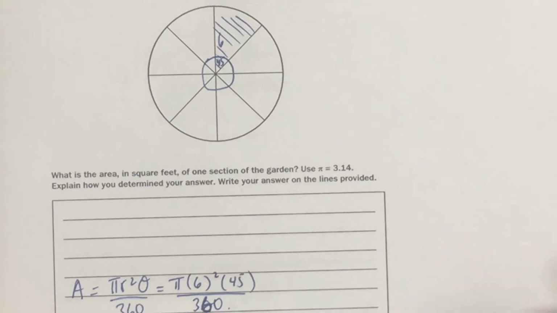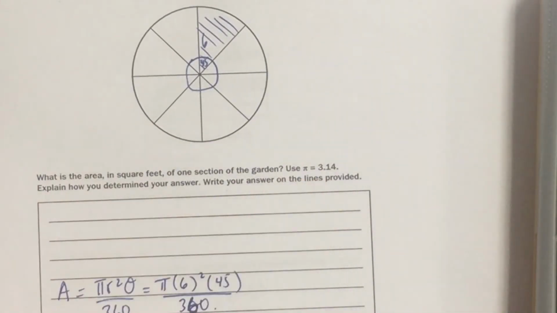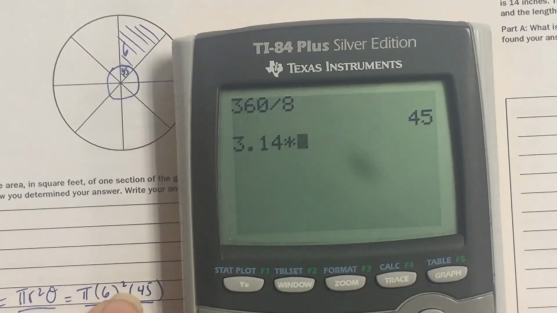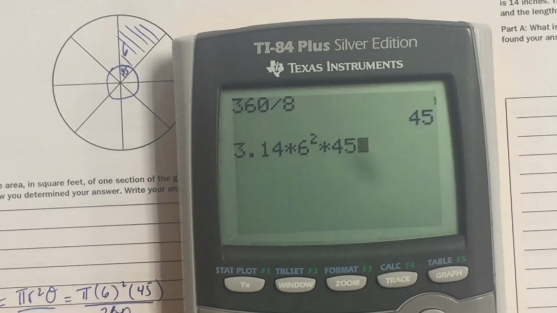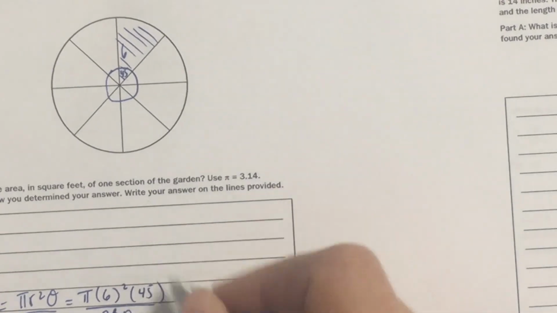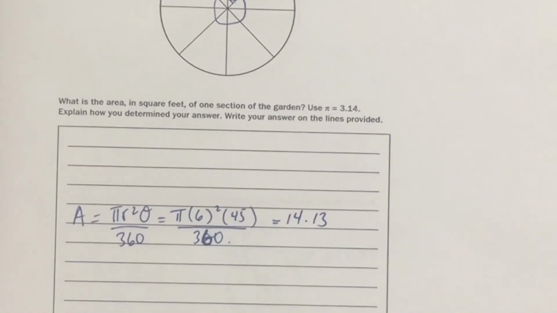And then you just plug all that into a calculator. Do they want left pi? Use pi as 3.14. Okay, so pi is 3.14 times 6 squared, which is 36, times 45 divided by 360. So 14.13.